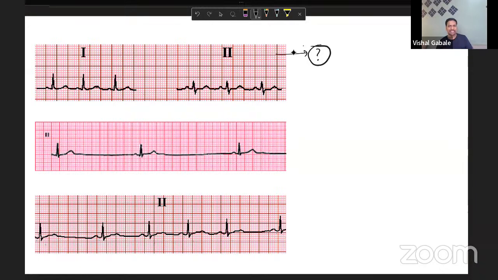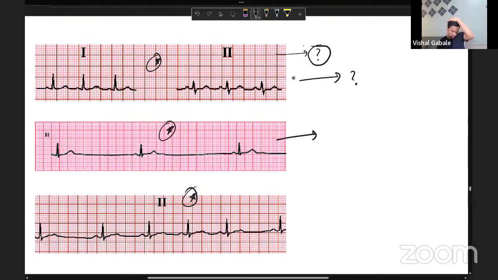Okay, this is sinus bradycardia. Somebody is saying, can anybody diagnose this one? If this is sinus bradycardia, you are saying, then what is this, and what is this? Quickly, guys. 1, 2, and 3.